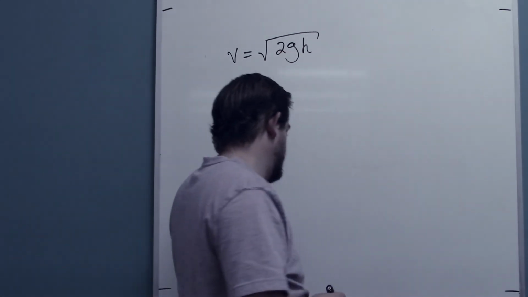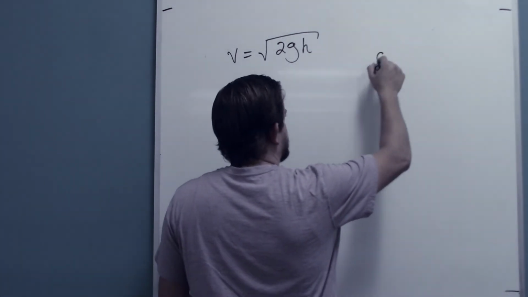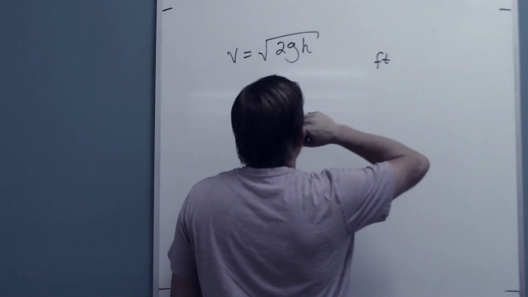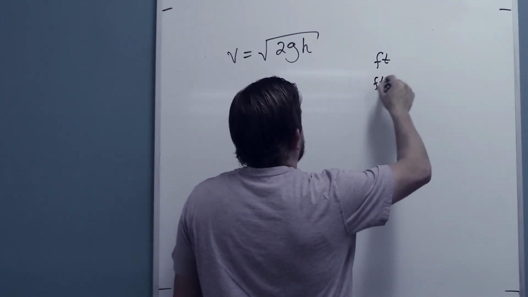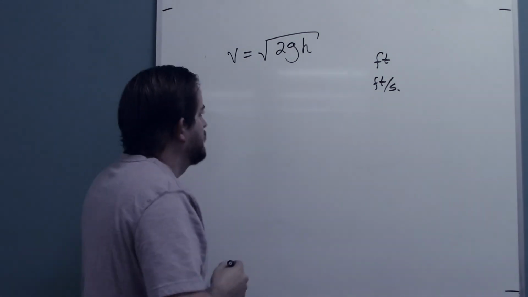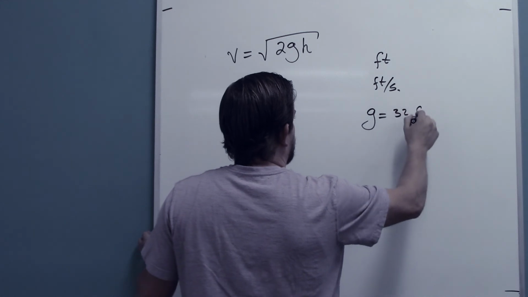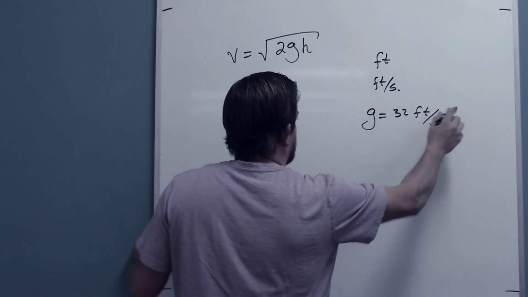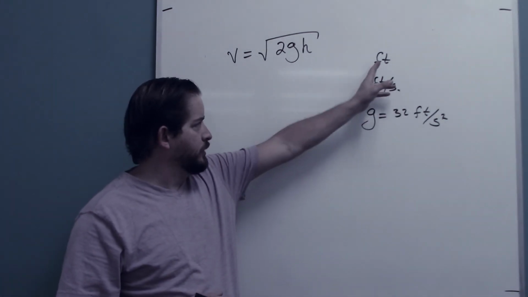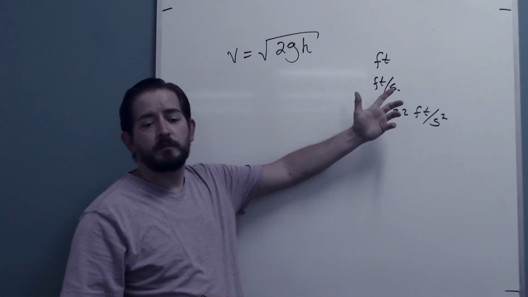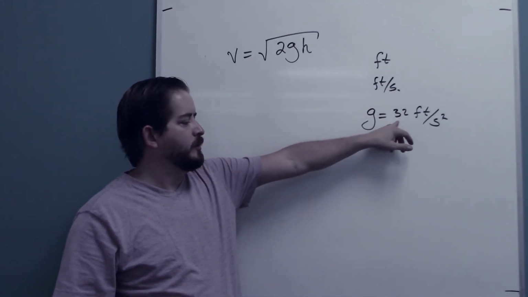So since we're in feet, let's use English measurements of feet and feet per second. Then G, in that case, is equal to 32 feet per second squared. These units don't mean a whole lot, it doesn't matter. But if we're going to use feet, G is 32. If you're in the metric system, meters, then G would be 9.8.